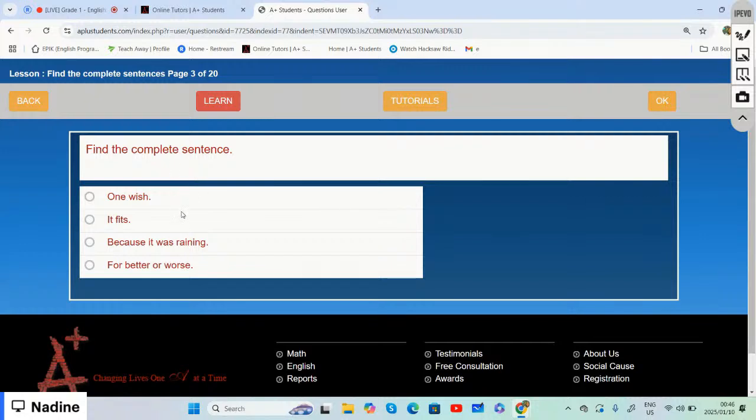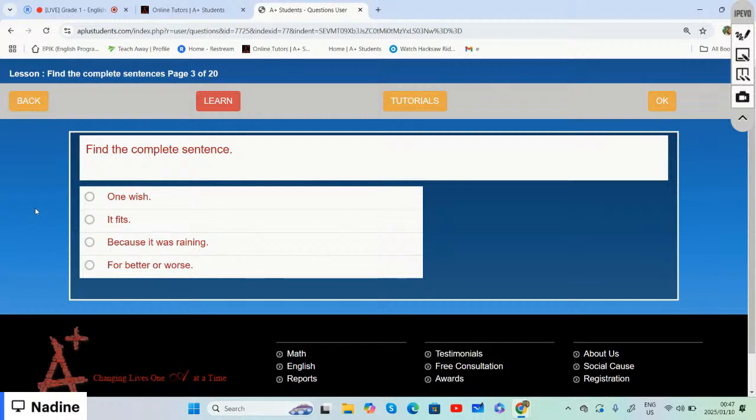Okay, let's do one more. We need to find the complete sentence. One wish, it fits because it was raining, for better or worse. Let's try again.